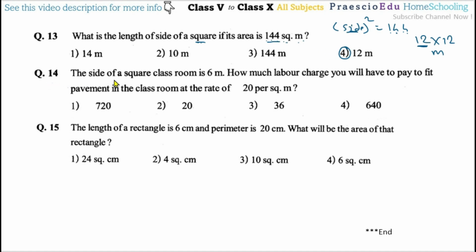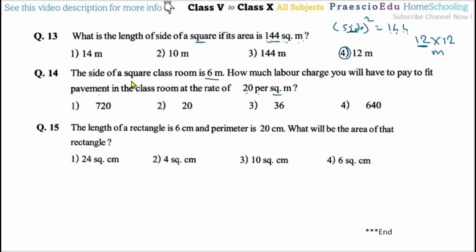Now question number 14: the side of a square classroom is 6 meter. How much labor charge will you have to pay to fit pavement at the floor of the classroom at the rate of rupees 20 per square meter?